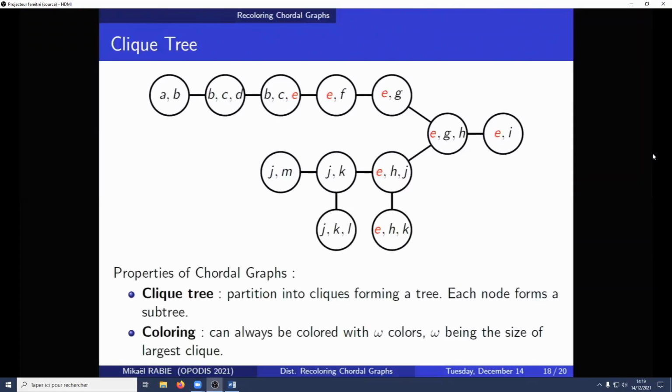And two vertices are neighbors if they appear in at least one common maximal clique. Again, we are always able to omega-color those graphs, omega being the size of the largest clique. And also we have in the literature results that prove that this partition in clique tree can be found in log n rounds times some function of omega in the LOCAL model.